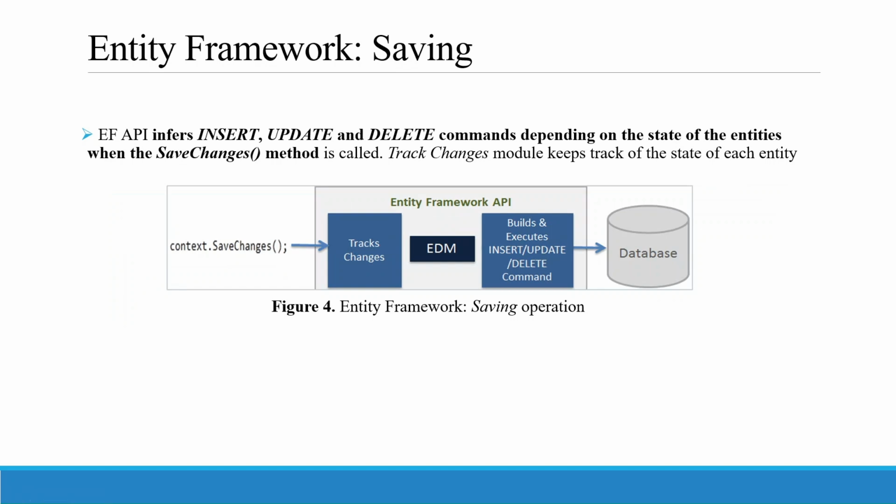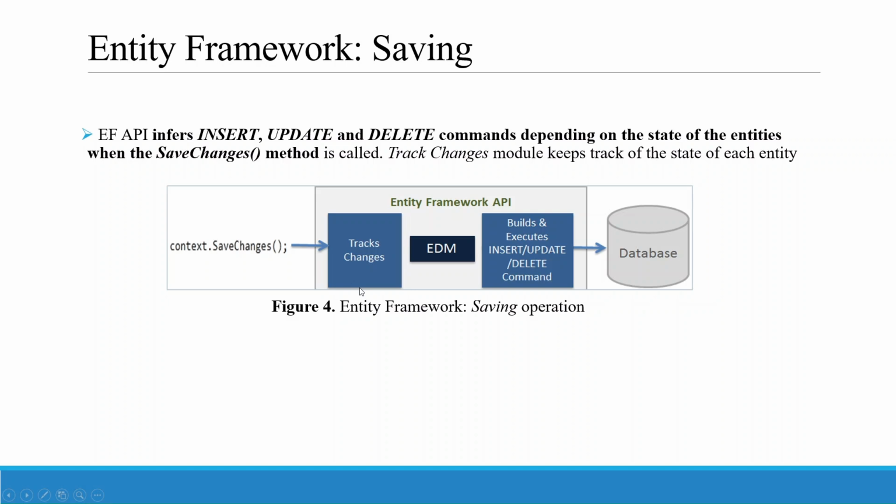The other main operation is saving into the database. Entity Framework API infers the commands insert, update, or delete, depending on the state of the entities when we execute the SaveChanges method. So when we execute this SaveChanges method, what happens? Entity Framework API takes a look into the track changes module.